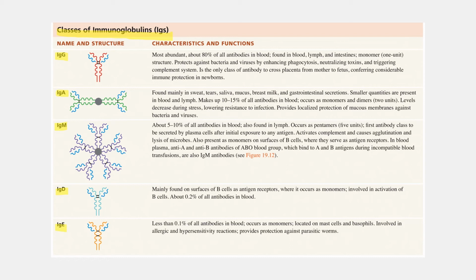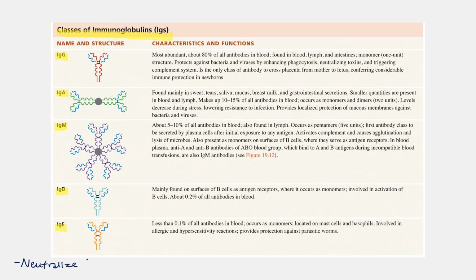Actions of antibodies will include things like neutralizing the antigen. I can write this in the bottom here, but these are just specific things that all of these can do, or would be one of their functions.